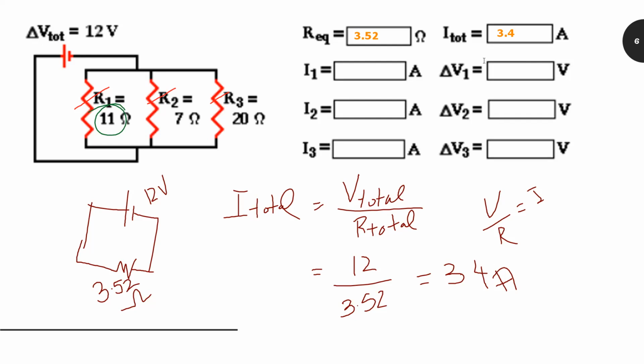So the current here will be distributed to I1, I2, and I3, but the voltage will be the same. Since the voltage here is 12 volts, that means the voltage at the first resistance is 12, at the second resistance is also 12, and the third one will also be 12.